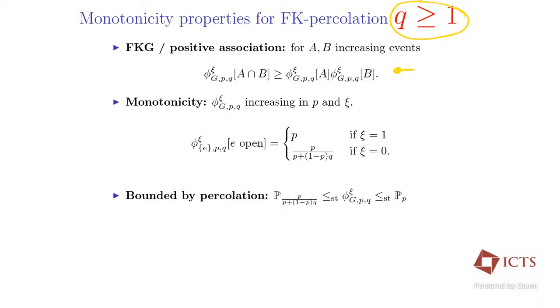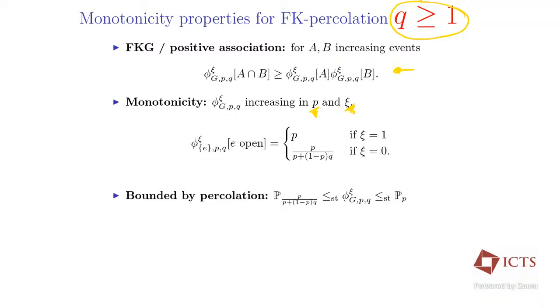You have monotonicity of the measures, meaning you have monotonicity in the parameter P. This is something that we've seen for Bernoulli percolation. And you have also monotonicity in the boundary conditions, meaning if you take the model with a boundary condition and another boundary condition which has more wirings, then there are more open edges in it.